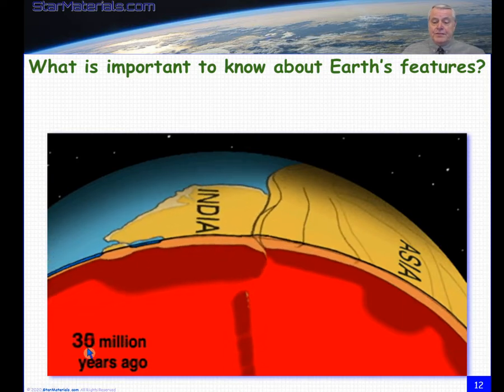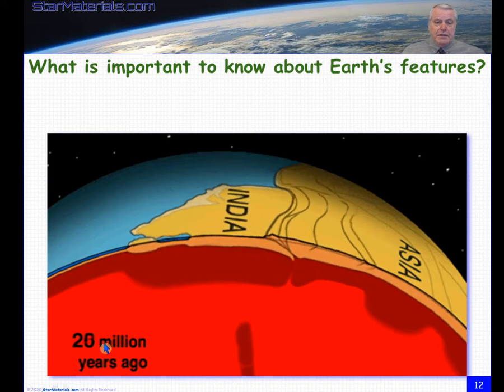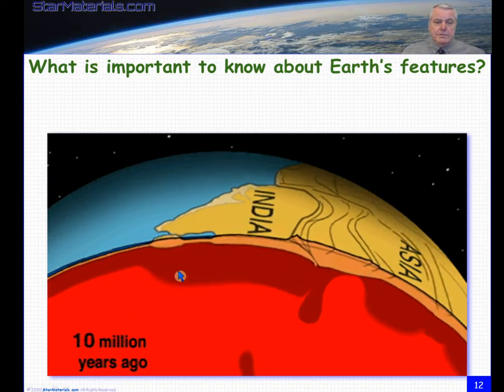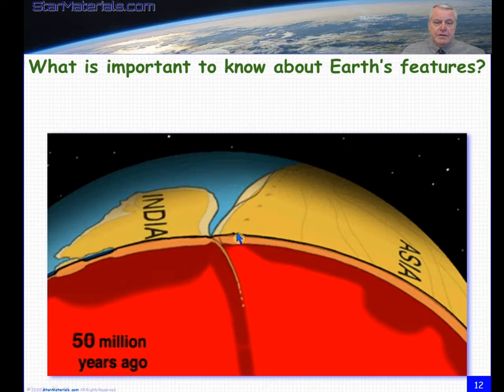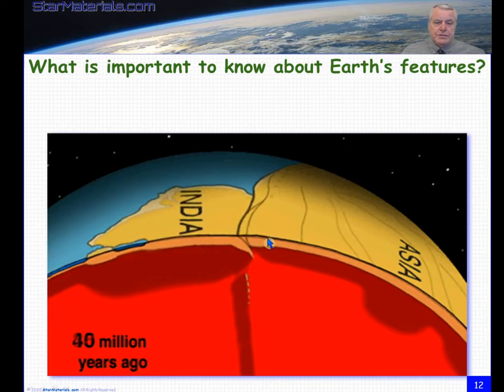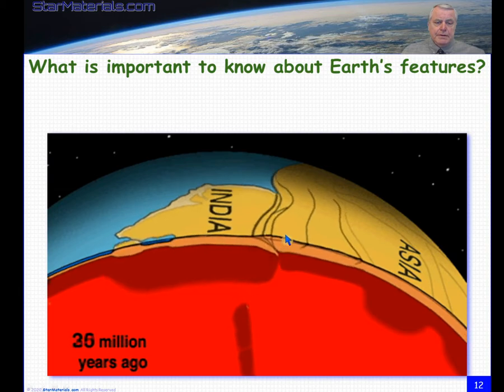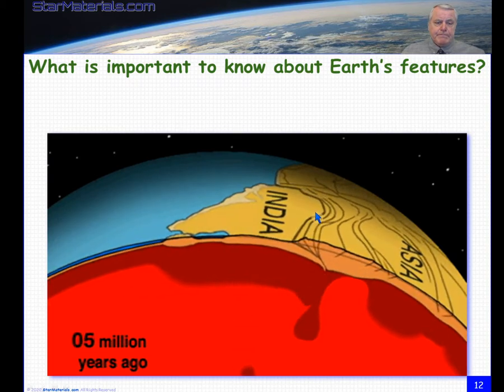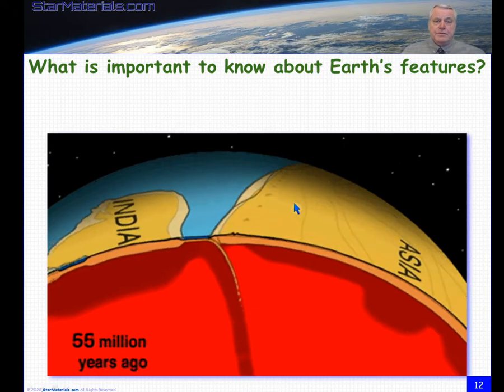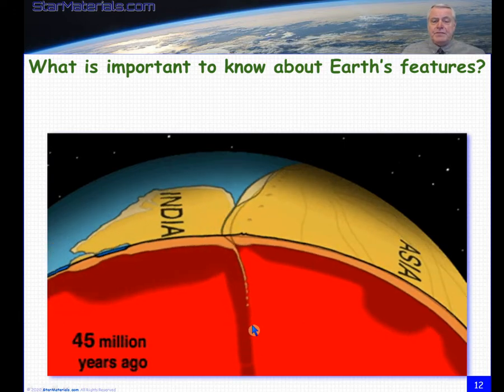Now, of course, this is millions of years of movement. But it just pushes into it, and the material here gets pushed up. See how it's moving up? That's how mountains are formed. And that's because of gravity.